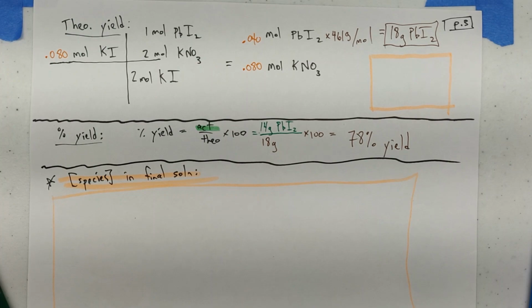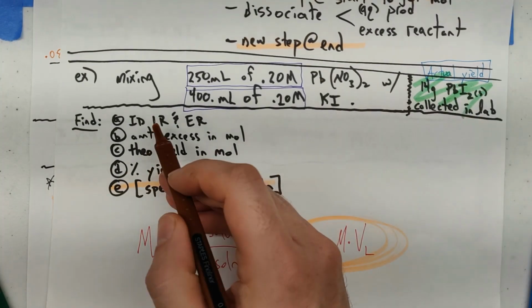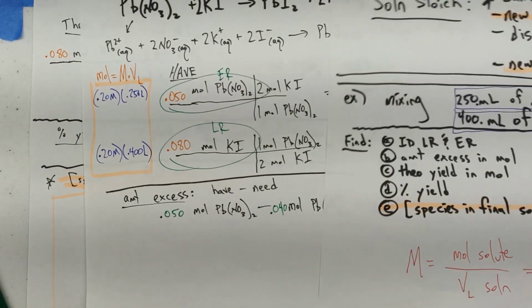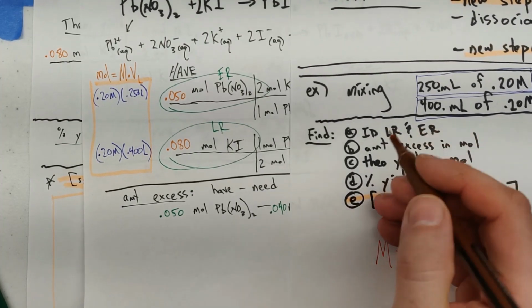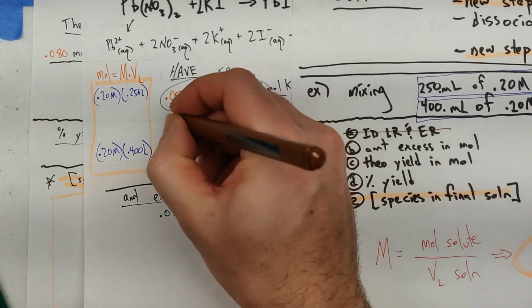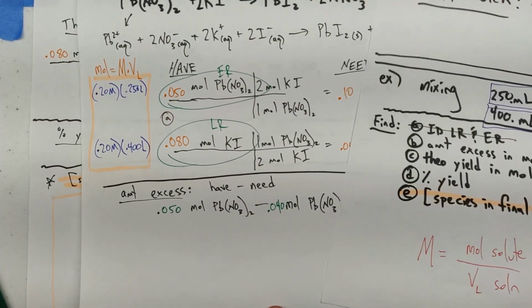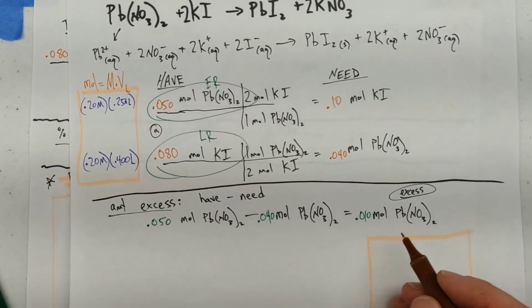And let's take a look at our original prompt to see what information we've completed. Did we identify the limiting and excess reaction? Yes, we did. So we've done that. That's part A. Have we gotten the amount excess in moles? Yes, we did. It's right there.